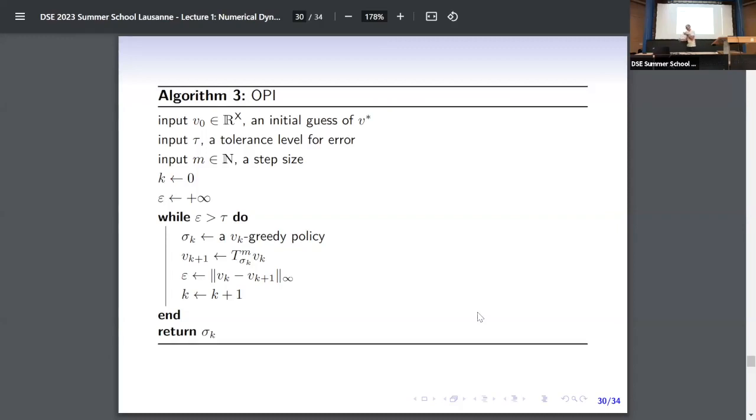So there's kind of an extra step in it, but it's actually equivalent. Because you're maximizing with respect to this specific function, you're choosing the best actions given that guess of the value function, which is the same as applying the Bellman operator.